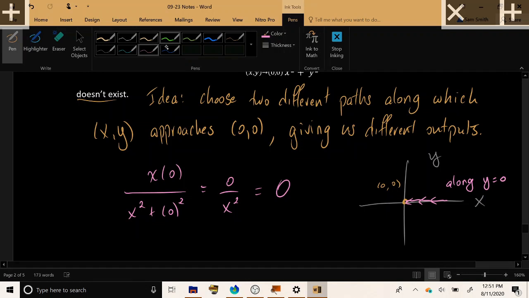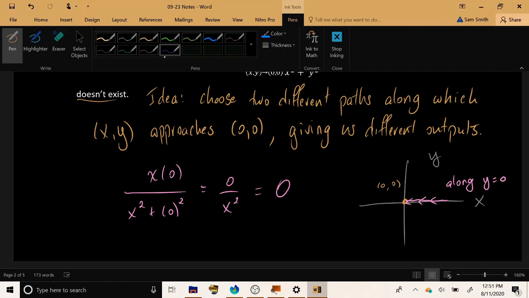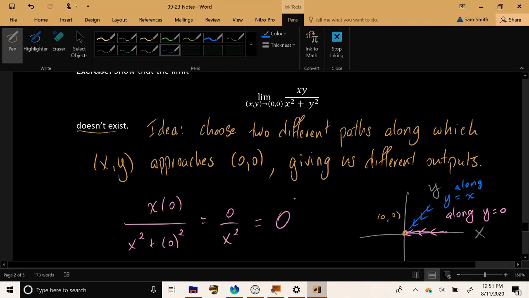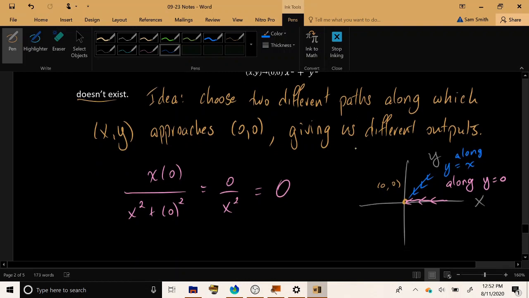Now, next, maybe I'll choose another method of approach which has a slight slant to it. Maybe I'll come in at an angle along the line y equals x. Let's see what happens as I approach x equals 0 along the line y equals x. So I'm going to go into my function and put in the data from this path, that along this path y is equal to x.